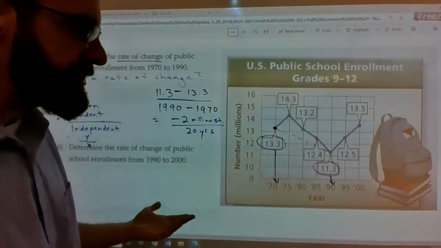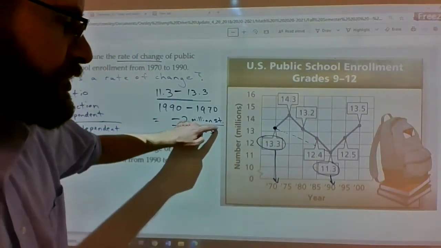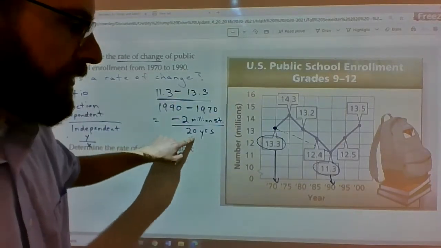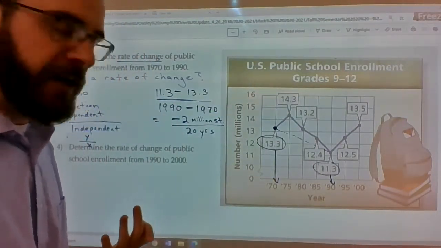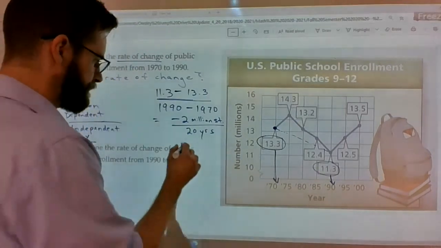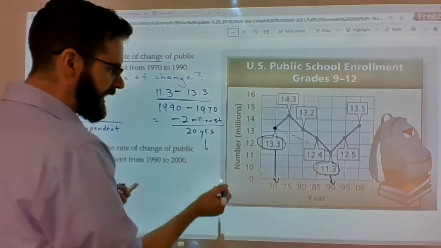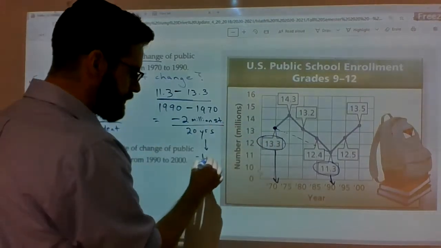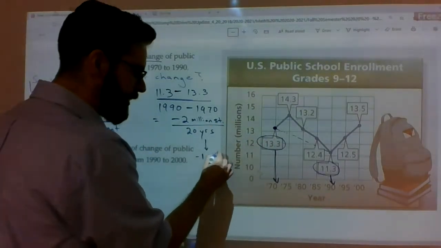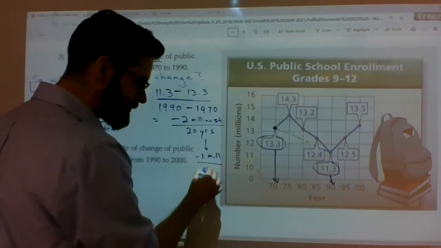So the rate of change is that we dropped 2 million students in public schools over that 20-year period. And sometimes what happens is you will reduce that fraction. So this could also be written as, the rate of change was the same as going down 1 million students every 10 years.